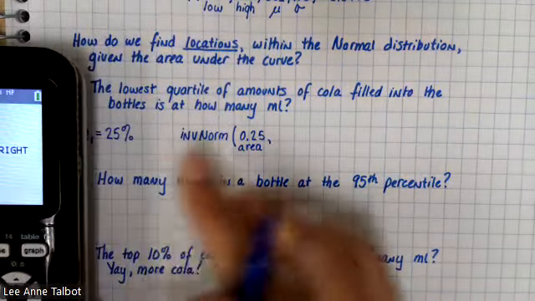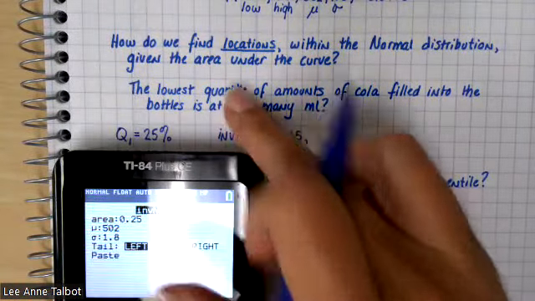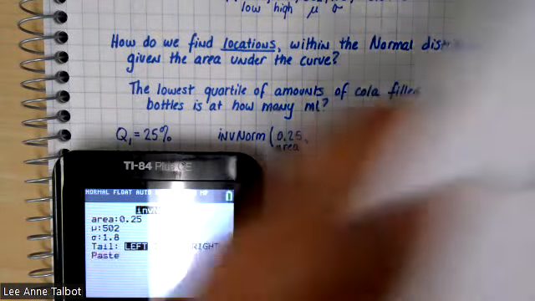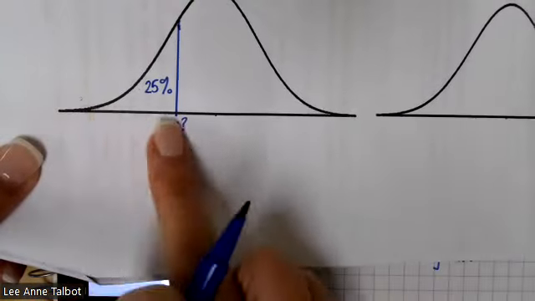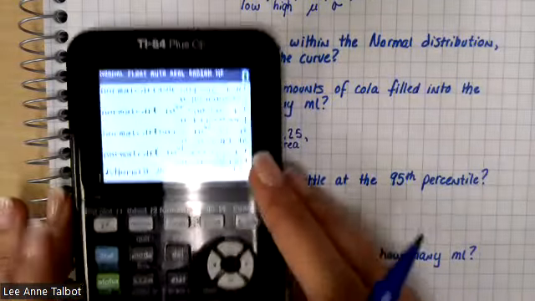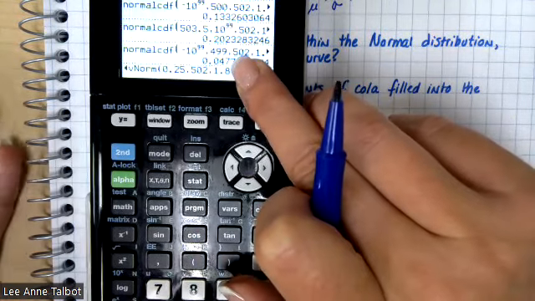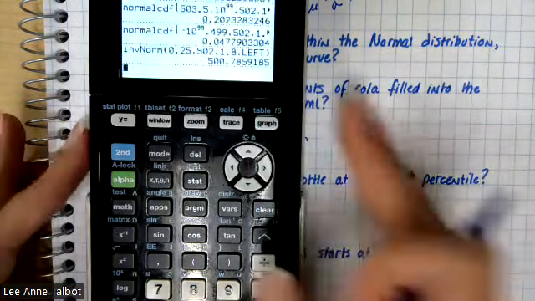And we're working with left in this case because it says lowest quartile, and I shaded the lowest quartile. So my area is to the left here. If you're doing this on an older calculator, it's just going to end the parenthesis right there. But we should get the same answer.